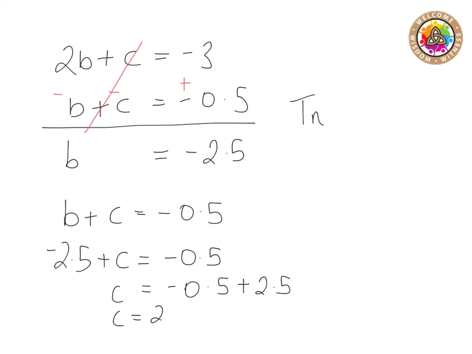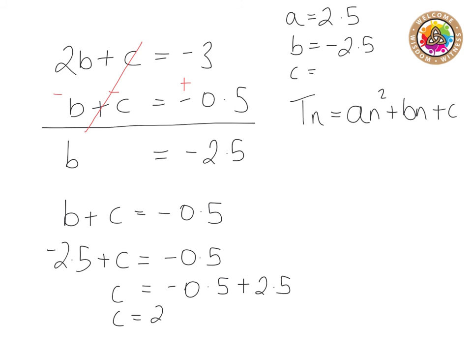So you've got Tn equals an squared plus bn plus c, because it's a quadratic. We found out that a is equal to 2.5, we got that from the very start. B we now figured out is minus 2.5, and c we just figured out is 2. So I'm basically just subbing that in.